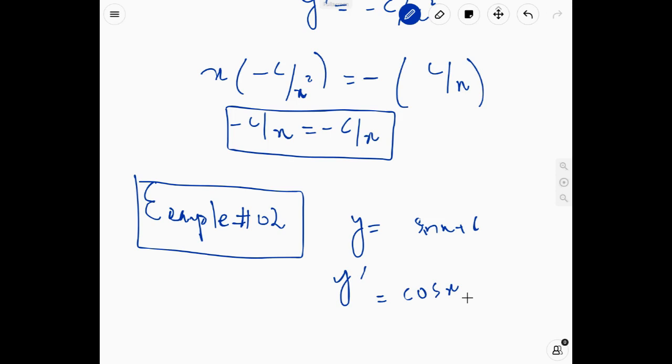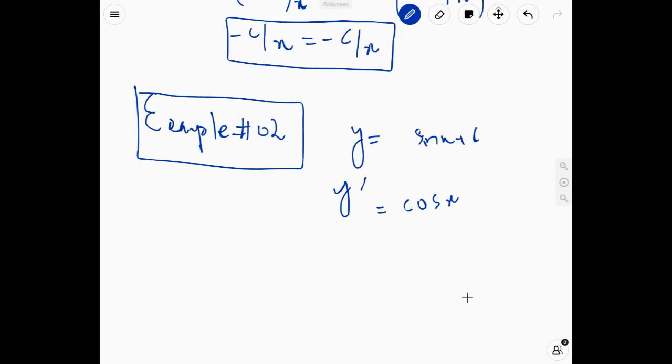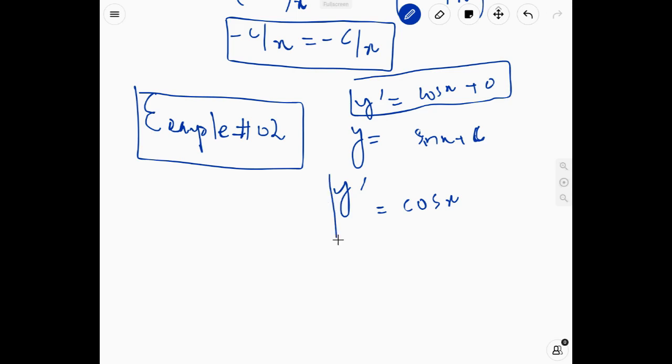So this is a very simple question. You can find out the value of y prime from here. Take the derivative on both sides. Y prime is equal to the derivative of sin x, which is cos x, plus, since this is the constant c and its derivative is 0, we have gotten the given differential equation.